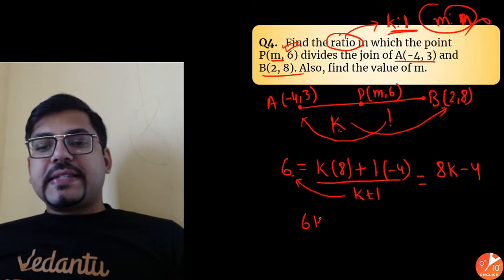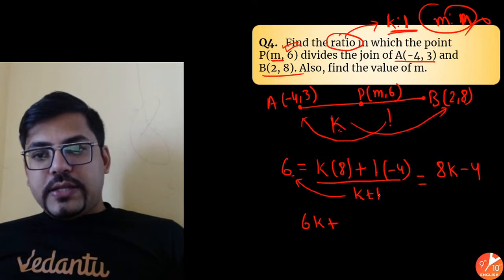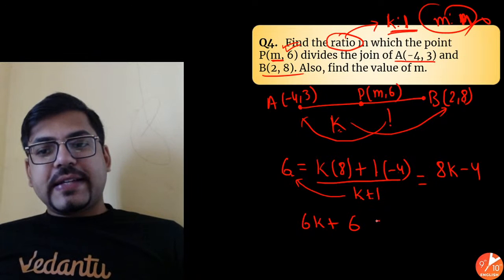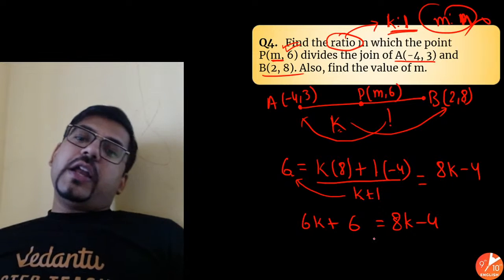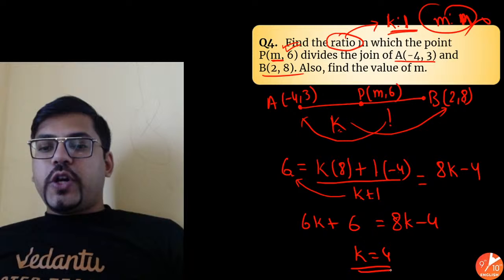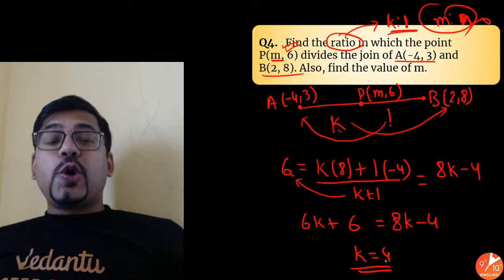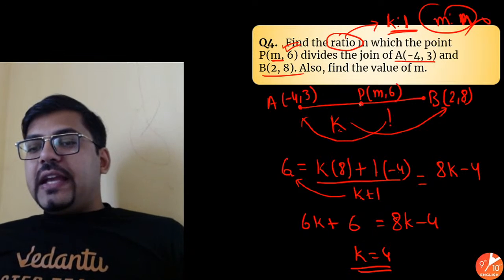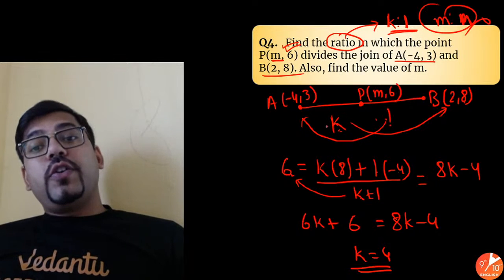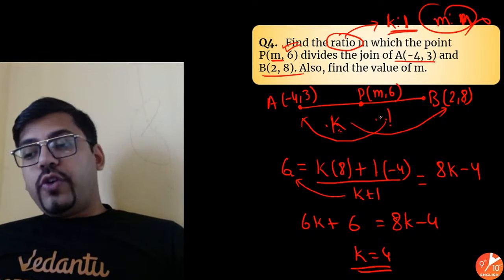So it will be 6k plus 6, because 6 times k plus 1, so 6k plus 6 equals 8k minus 4. Here if you solve it, you will get k equals 4. Means P is dividing this line segment AB in the ratio 4:1. I hope you all got it.